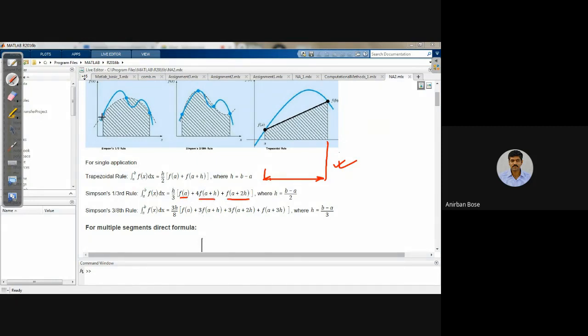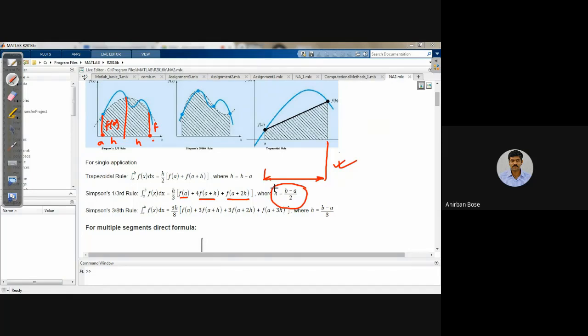That means this value is f(a), and this value is f(b), or f(b) means f(a plus 2h), because you know that in this case this is h and this is h. So if this is a, then a plus 2h means b.